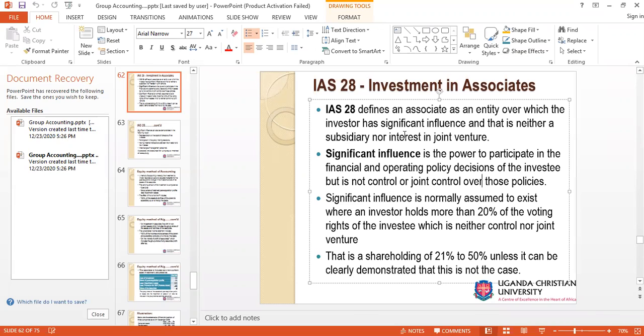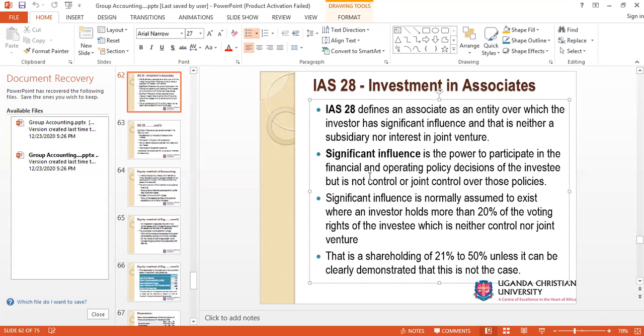So IAS 28 guides the accounting treatment of an associate, an entity where the investor has significant influence. And what is significant influence? Significant influence is the power to participate in the financial and operating policy decisions of the investee, but which is not control or joint control.